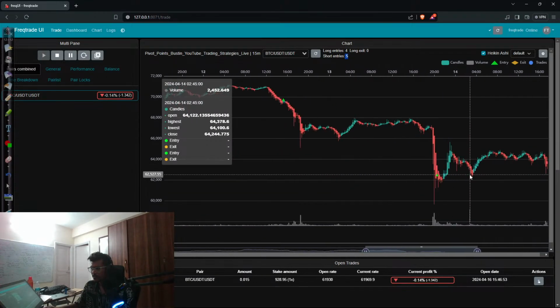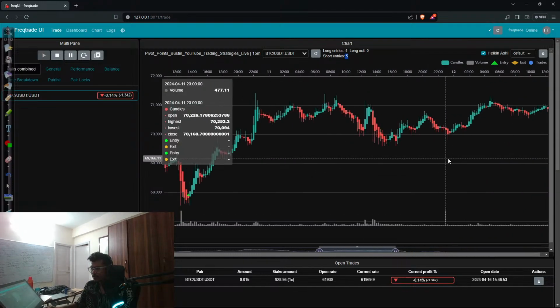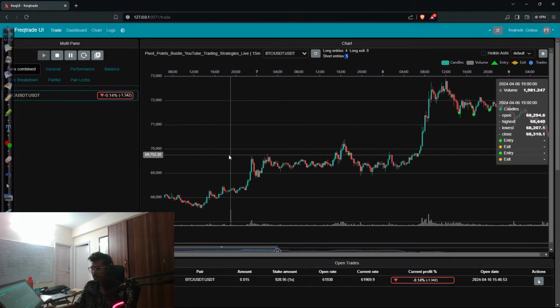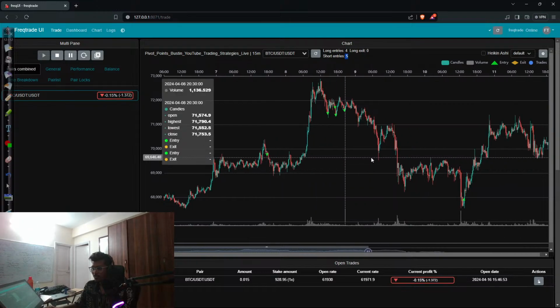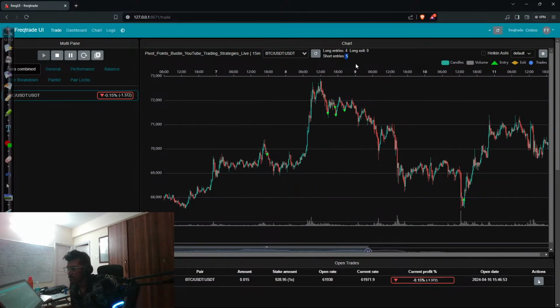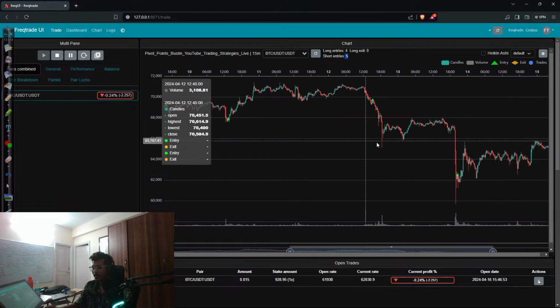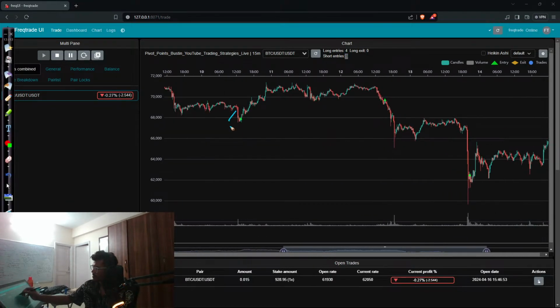Let's see. So this was our first long entry. I mean, not the first. I'm going to disable the Heikin-Ashi. So this is on Bitcoin, yeah. So here we had short, another short, long there. And another long there.